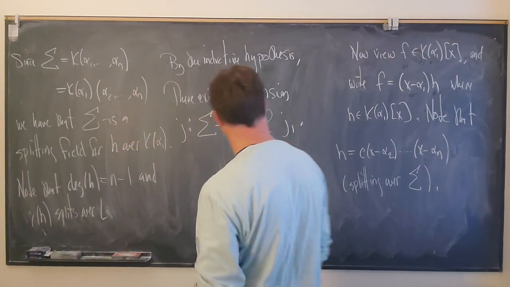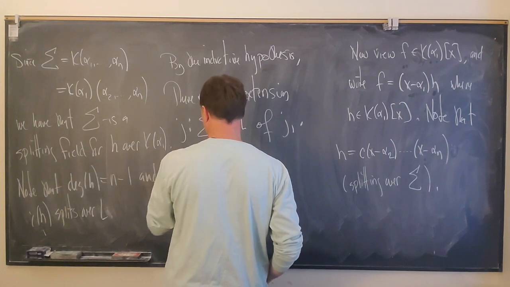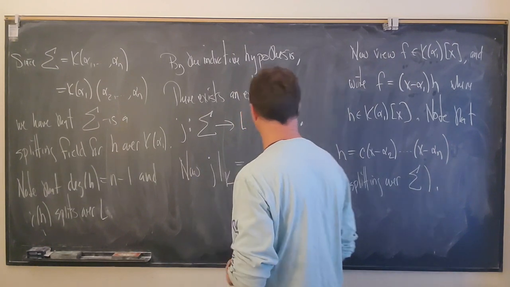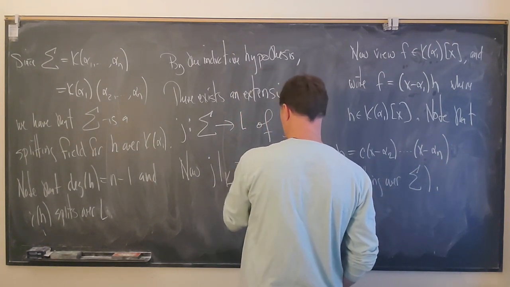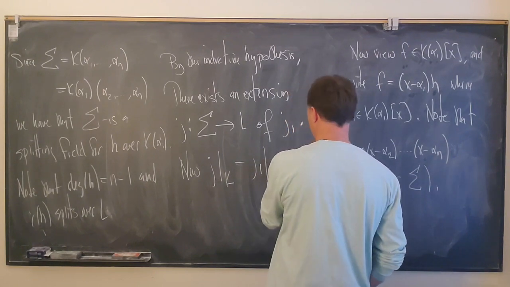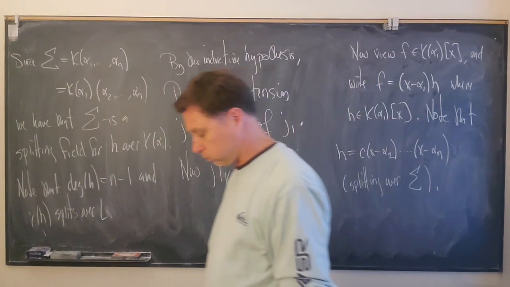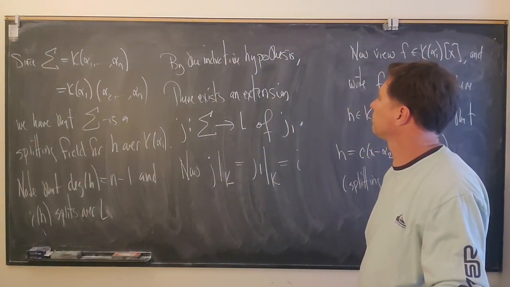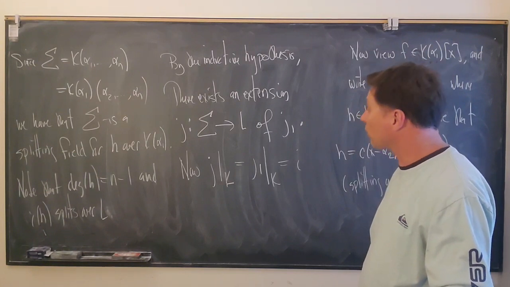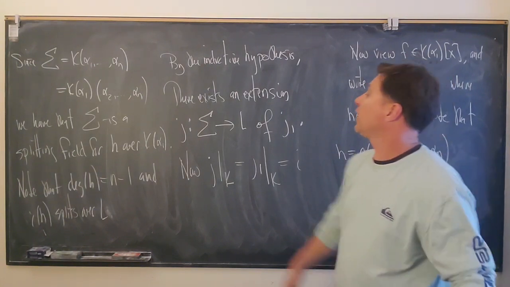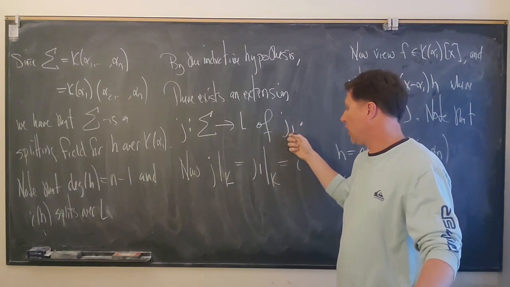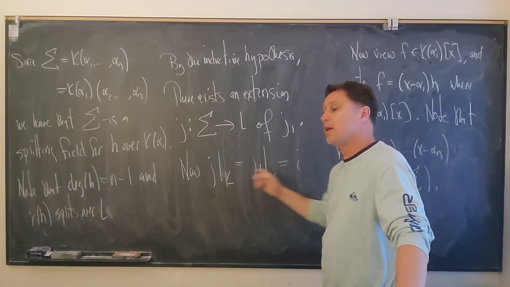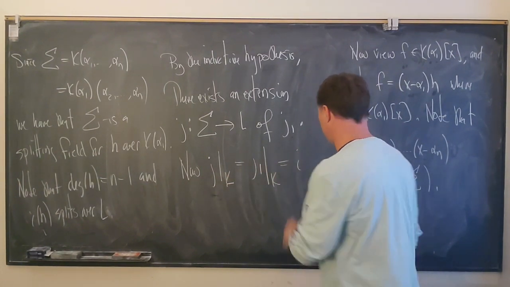So J restricted to K is equal to J1 restricted to K, and that is equal to I. In other words, J is an extension of J1, but because J1 is an extension of I, J is an extension of I. So that's exactly what we need.